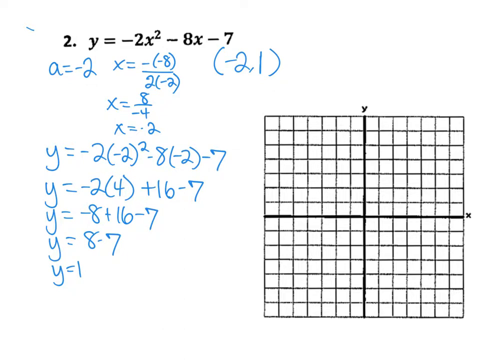Okay. Do you agree that our vertex is -2, 1? Yes. Okay, let's do that. -2, 1. My axis of symmetry goes straight down. My graph is actually downward facing because it's a -2. Now first let's write our vertex form.